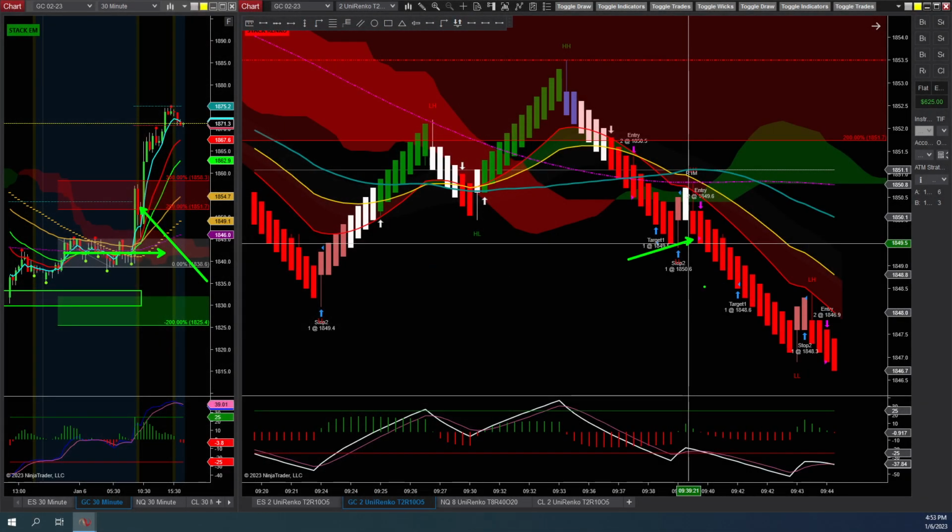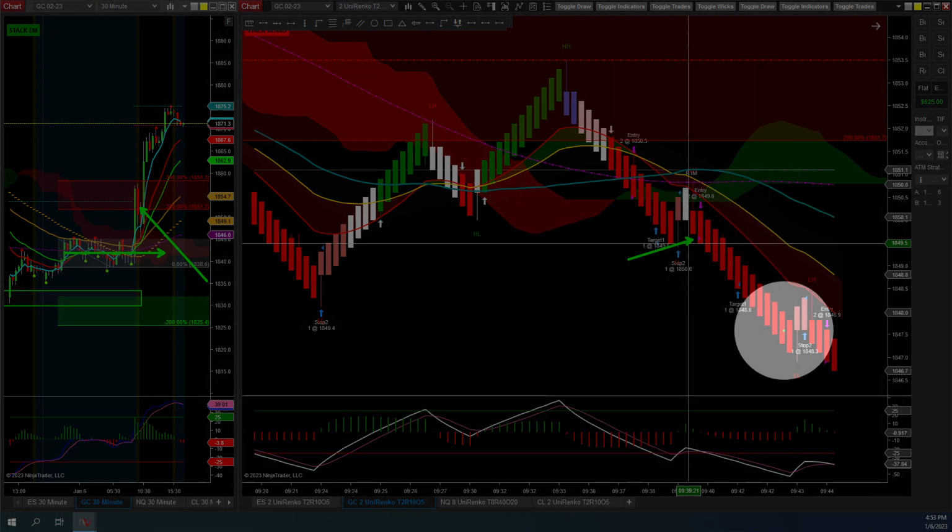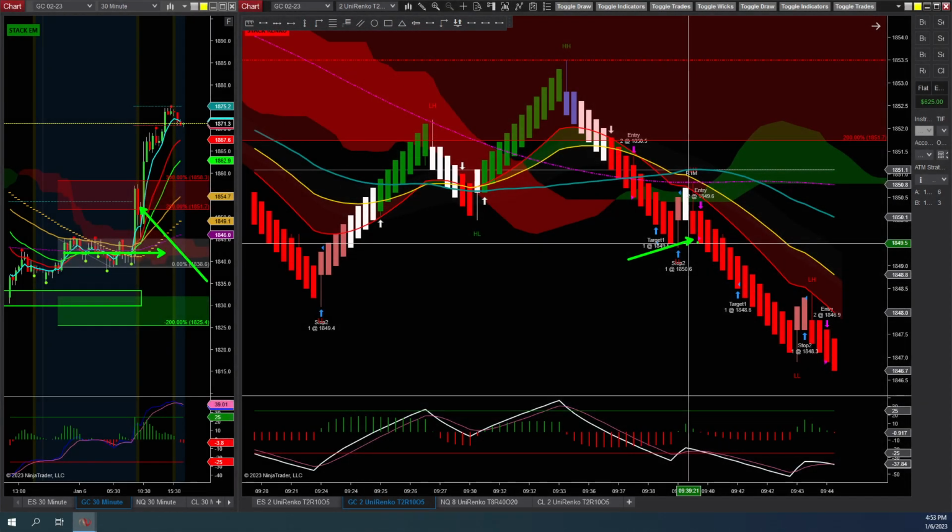So in here I made this trade and this run. I entered in here at that price, which was 1849.60. The important thing is the setup, right?